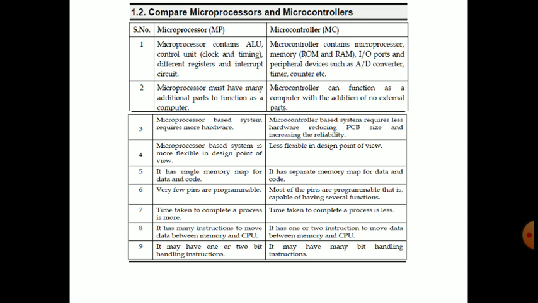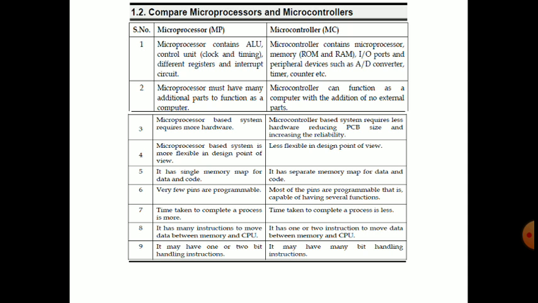The sixth point: very few pins are programmable in a microprocessor. In a microprocessor or microcontroller IC, we have a number of pins. Depending on whether they are programmable or not, we will have different options and different multiplexed signals.